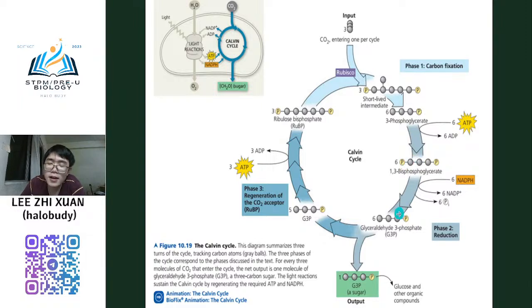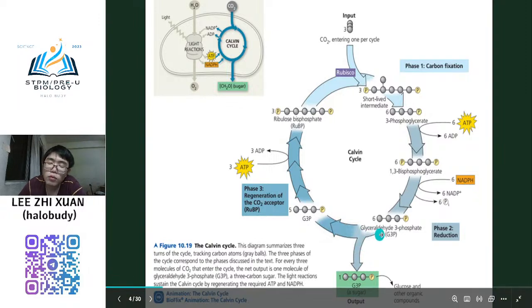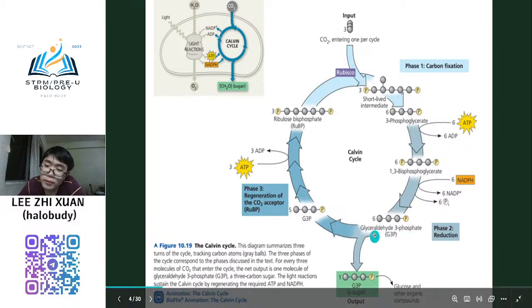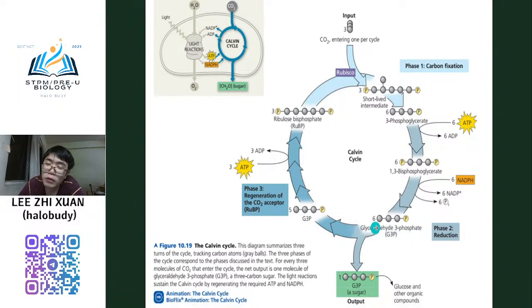And after that, it will use the NADPH again. So another 6 NADPH produced from the light-dependent reaction will be used by this molecule. Each molecule will use 1 NADPH to produce glyceraldehyde 3-phosphate, G3P.